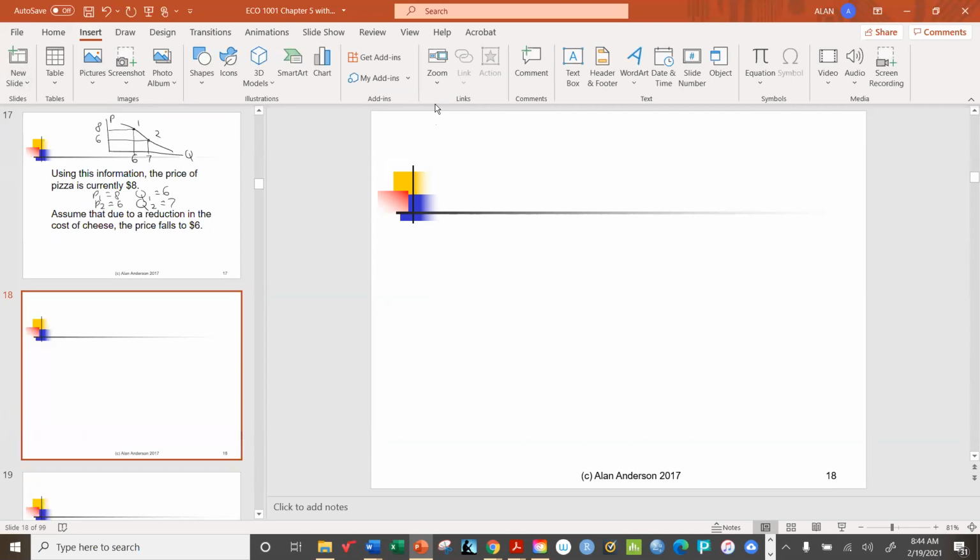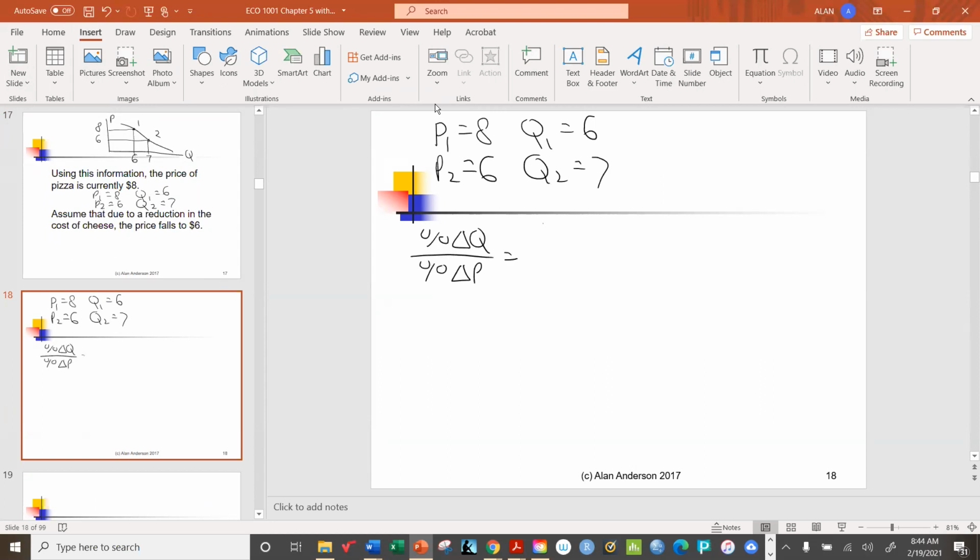All right, so let me repeat this information one more time. We're going to use the arc elasticity formula, the averages. So we start out with Q2 minus Q1 over the average of the two. See, it's getting unwieldy already.